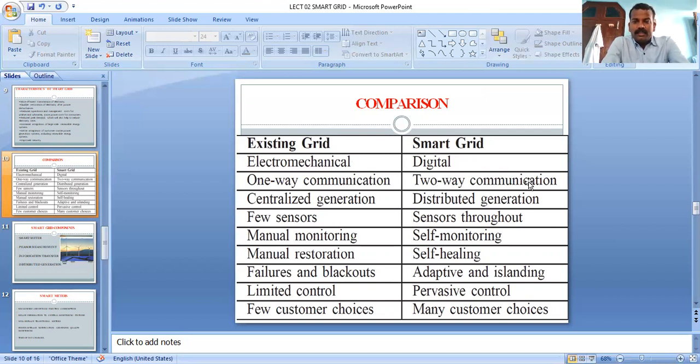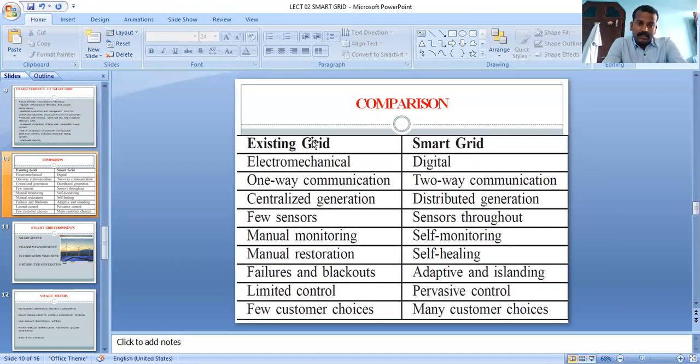If there is a fault at the load, it will be sensed by a sensor, which transmits the signal to the control center to analyze it, and if action is needed, it will be taken by the control center. Hence we can say there is two-way communication in the smart grid.